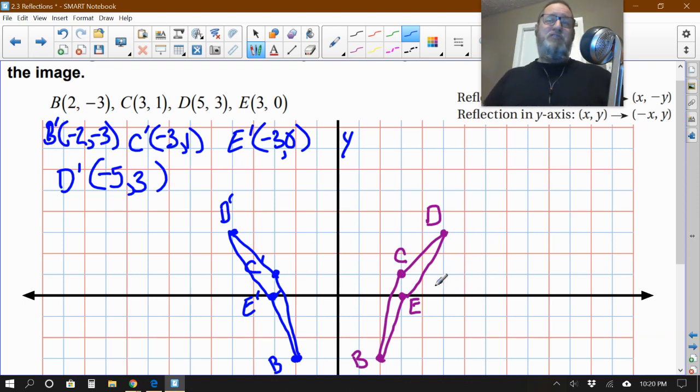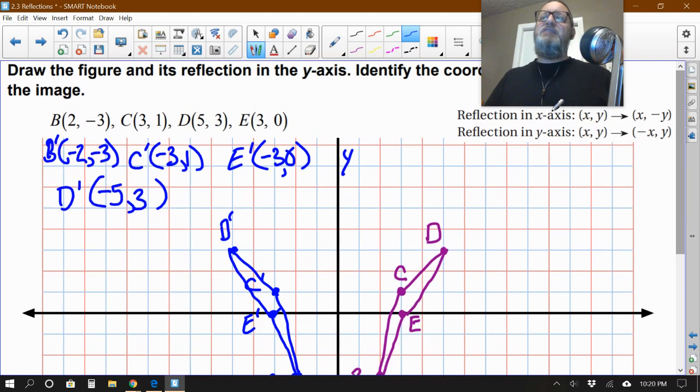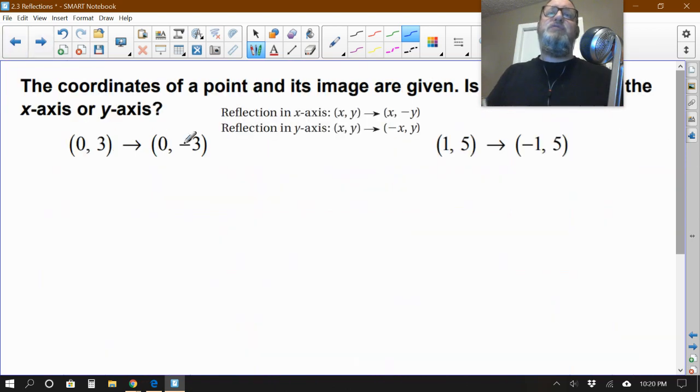So again, it doesn't look very nice, but nonetheless, those are all the reflected points in their correct place. But again, if you don't have graph paper, it's really nice to be able to use this little trick. So reflecting across the x-axis, you need to change the y-coordinate. If you reflect across the y-axis, you need to change the x-coordinate. And you've got the point in the exact right spot where it's supposed to be.